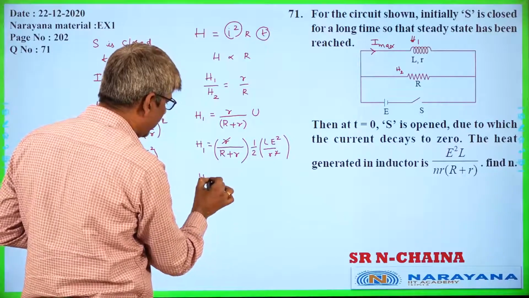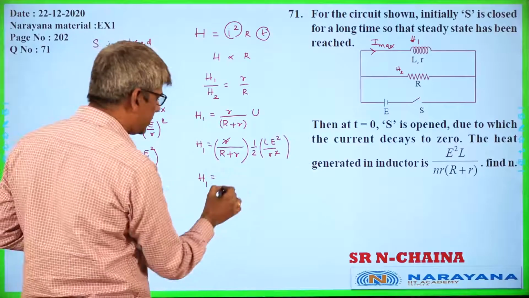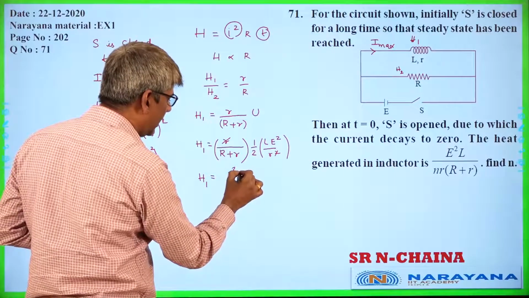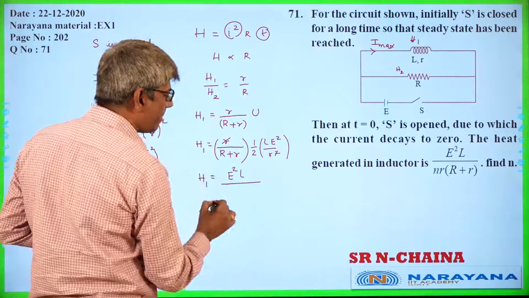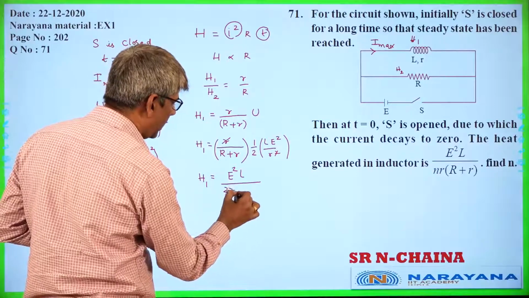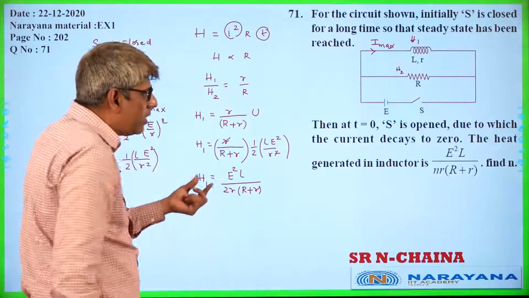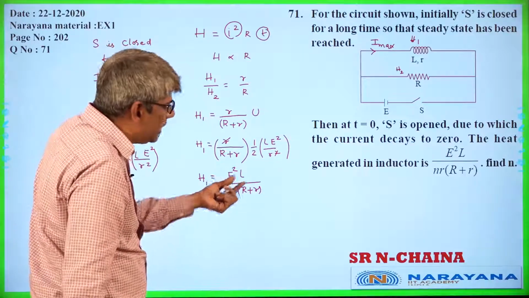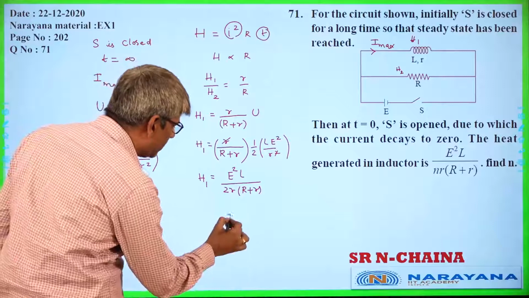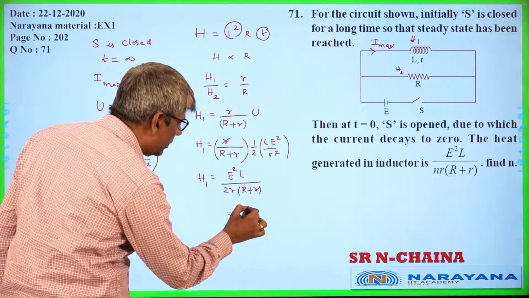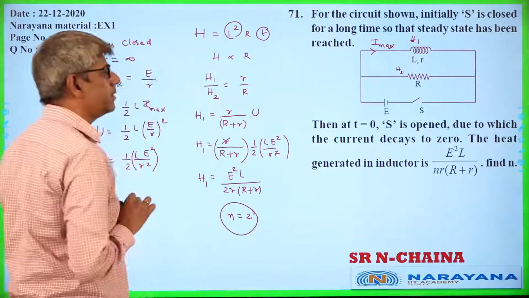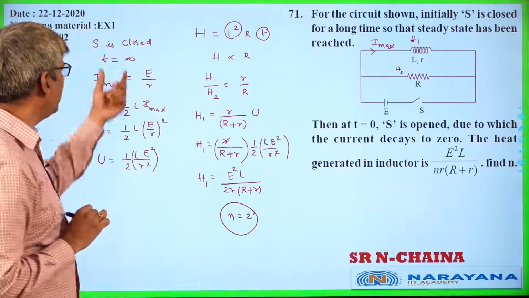Go on, try to rearrange according to the given values. E square L by 2 small r into capital R plus small r. So we got the required form, and in the place of n, n is equal to 2 is our answer. Like this we have to go on and do it here.